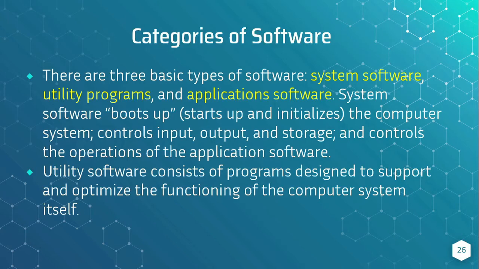Utility software consists of programs designed to support and optimize the functioning of the computer system itself. Application software includes the various programs that users require to perform day-to-day tasks. They are the programs that support the actual work of the user.